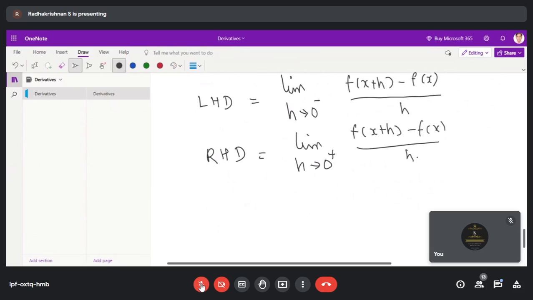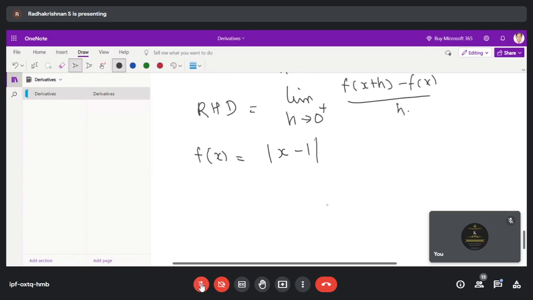So let's do a problem. Let us say f of x is modulus of x minus 1. What will be the modulus of x minus 1? It will be equal to x minus 1 when x is greater than 1, and equal to minus of x minus 1 when x is less than 1.